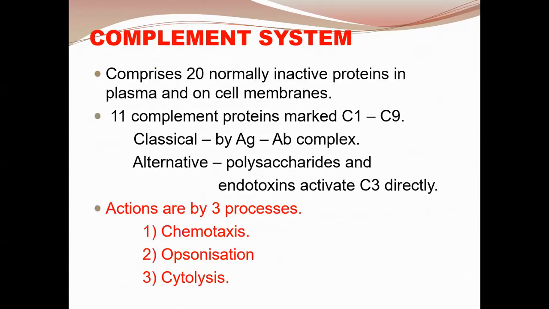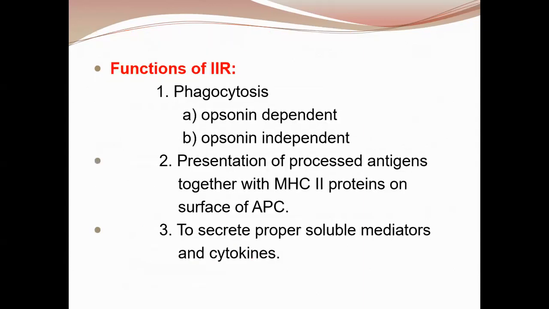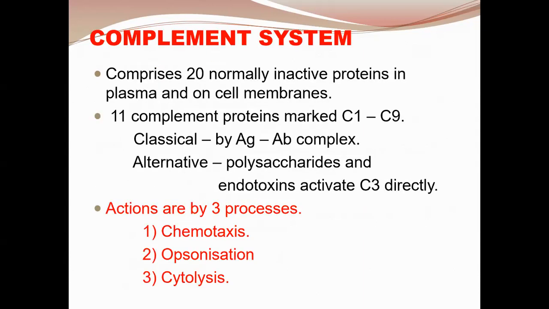Now, when we talk about the complement system, because we have come across it, what is this complement system? It comprises mainly of 20 normally inactive proteins in the plasma and on the cell membranes, and 11 complement proteins which are marked from C1 to C9.